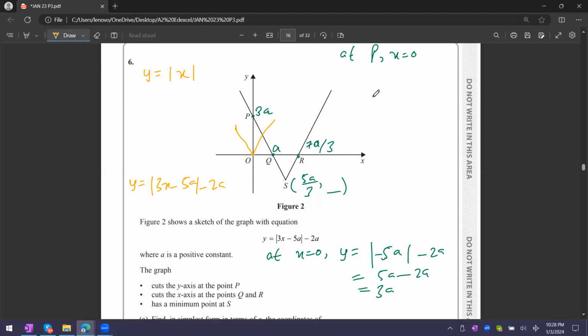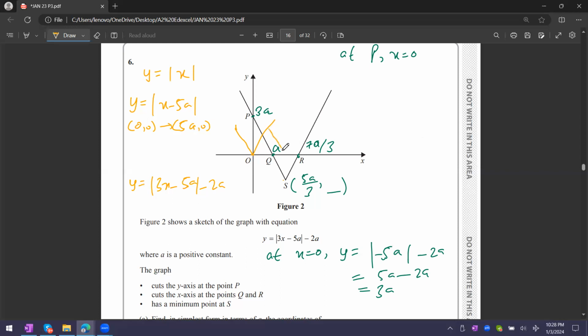So that means the 0 point moved to 5a, and 0, because it's the horizontal translation. When you subtract, it moves towards the right.